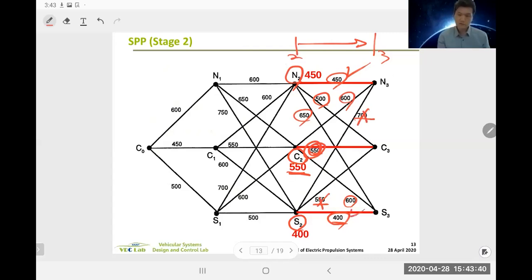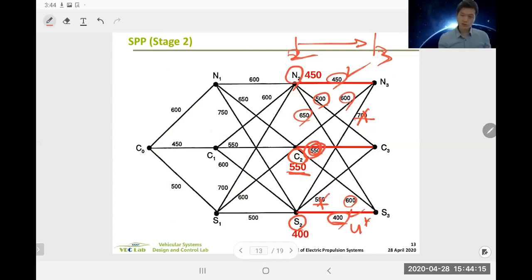Once you solve it, you don't have to solve it any longer for the stage 2 to 3 part. You just have to record U star, memorize what was the optimal solution from 2 to 3. And non-optimal solutions, you can throw away.